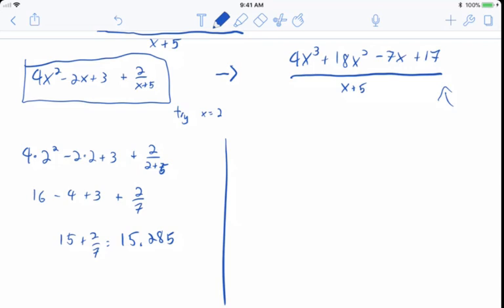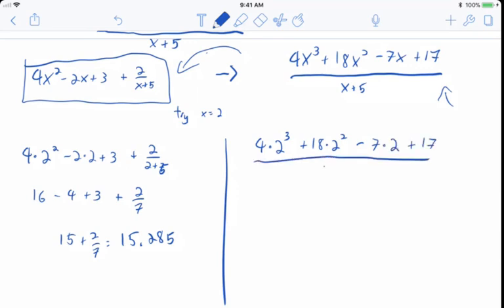The argument, if I did it correctly, is that it should always give the same value as this one did. 4 times 2 to the power 3 plus 18 times 2 squared minus 7 times 2 plus 17, over 2 plus 5.